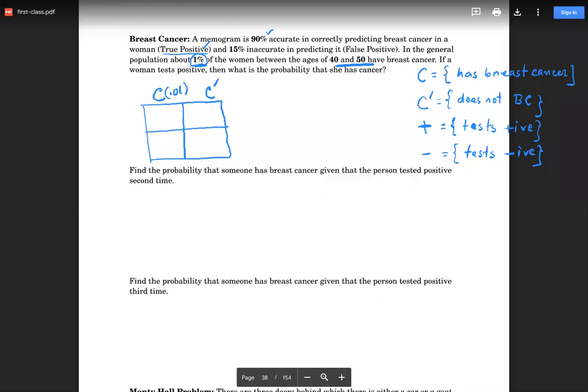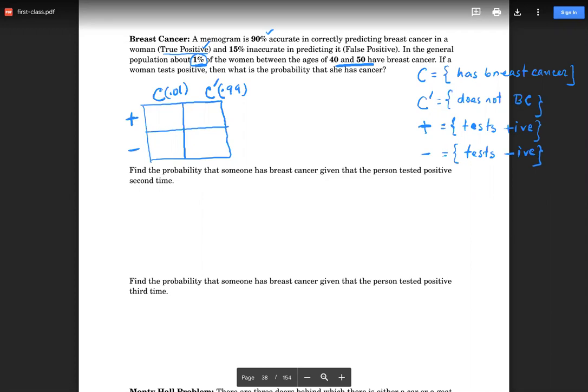That would be 99%. 100% minus 1% is 99%. Then the other scenarios: plus for testing positive and minus for testing negative.